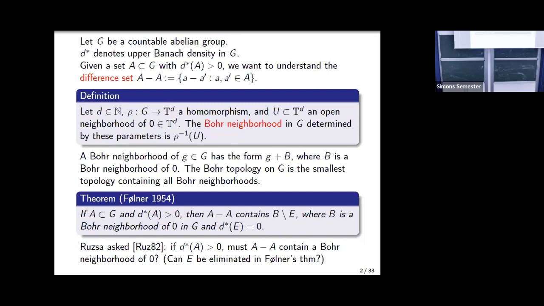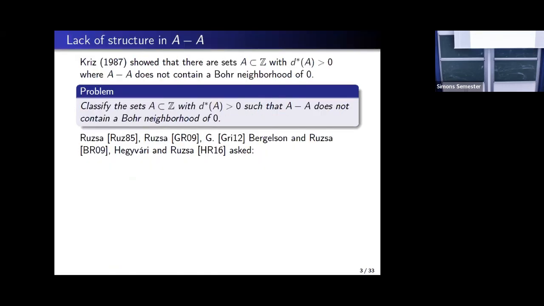In any case, can you eliminate that set? As a consequence of Kriz's construction, Kriz was actually answering a slightly different question, and I'll get to that in a bit. But Kriz proved that there is a set of positive upper Banach density in the integers whose difference set does not contain a Bohr neighborhood of zero.